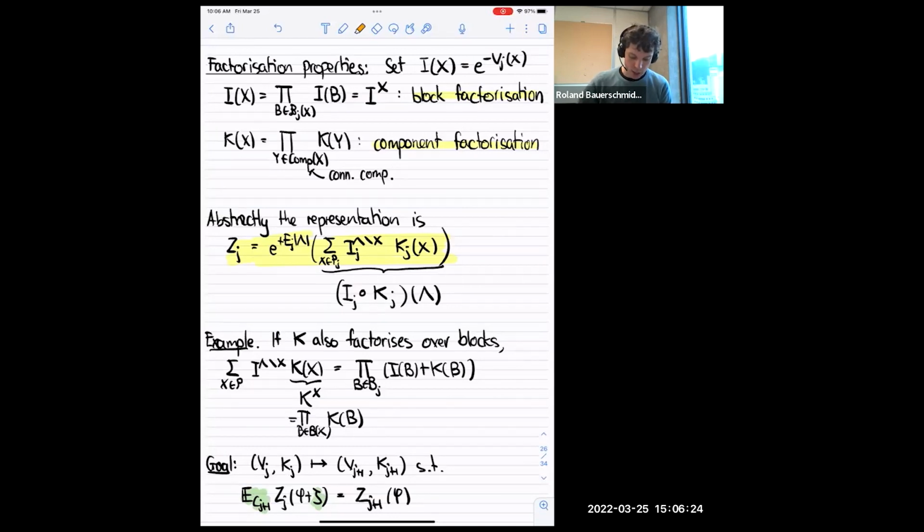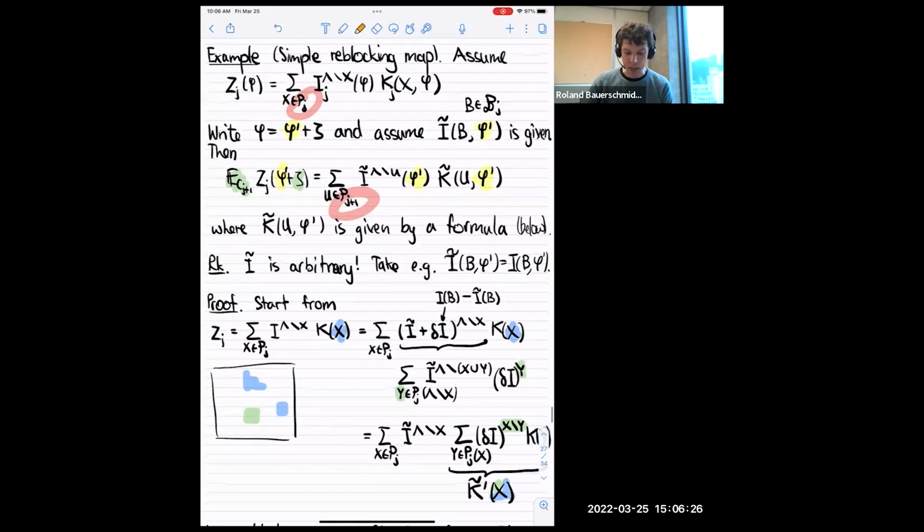And we saw last time that it's easy to write down a choice of the renormalization group map. So we start with coordinates Vj, Kj, and want to map them to Vj plus 1, Kj plus 1, say.